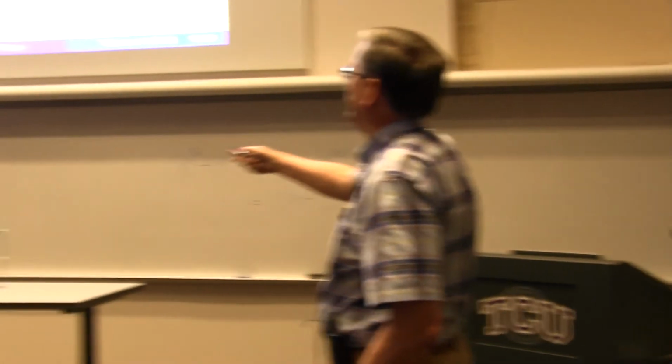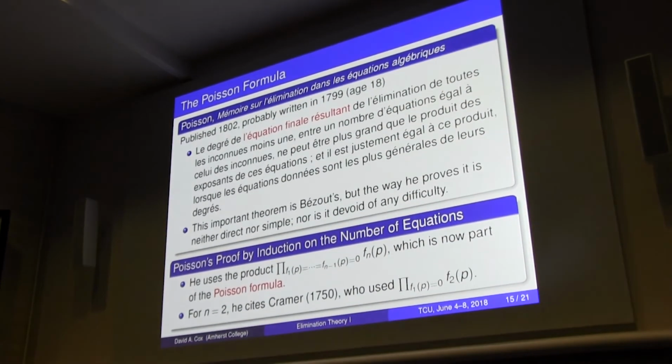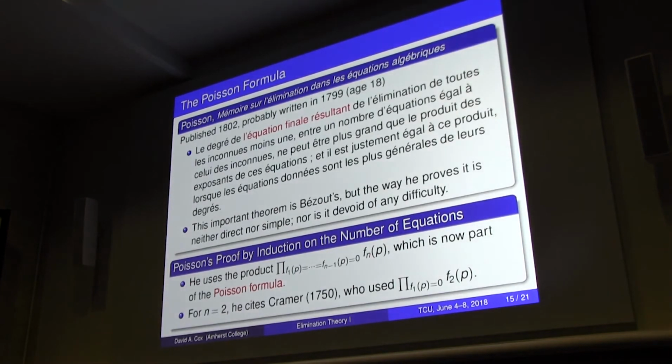And the way he does it is by induction on the number of equations, and he uses the formula. So you take the first n minus 1 equal to 0. That'll have finitely many solutions, and then you plug those finitely many solutions into the last one. And of course, that's now the Poisson formula. But where does he start his induction?